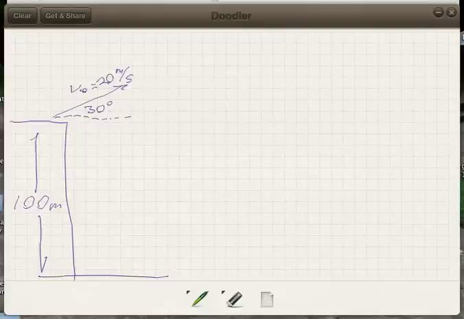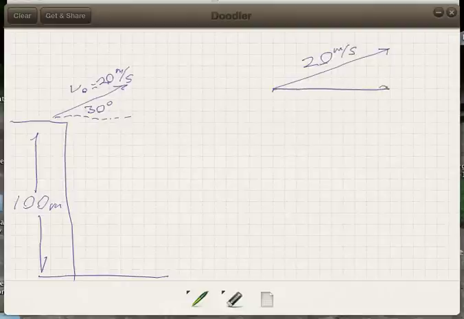Okay, so as soon as I see this, I can't help myself. I just have to do this. I have to say, at 20 meters per second, at an angle of 30 degrees with respect to the horizontal, what I know is I have some v horizontal equal to v0 times cosine of 30, right?